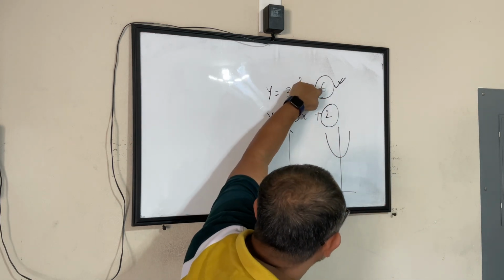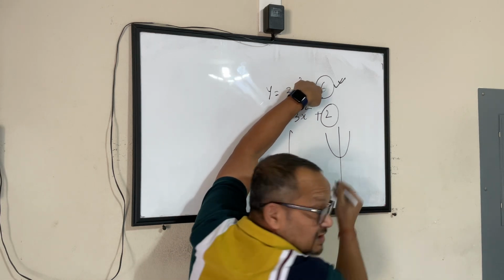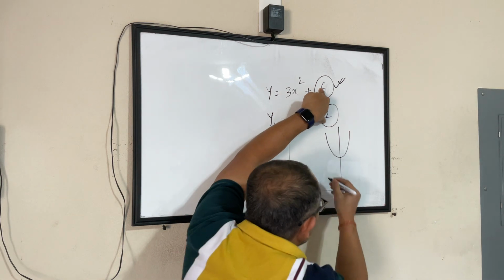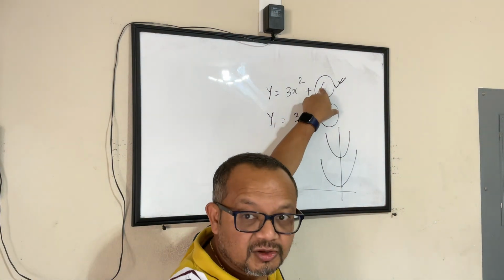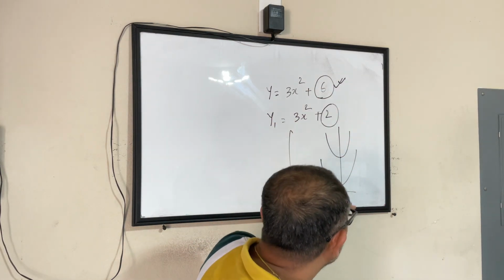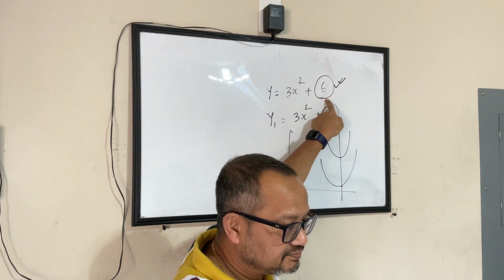If my value of C is higher, the vertex is at a higher point. If my value of C is lower, this is a lower point. So this is essentially depicting how the vertical displacement happens for this parabola based on the value of C.